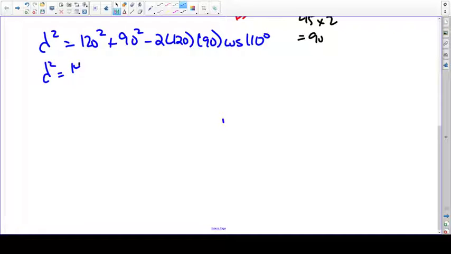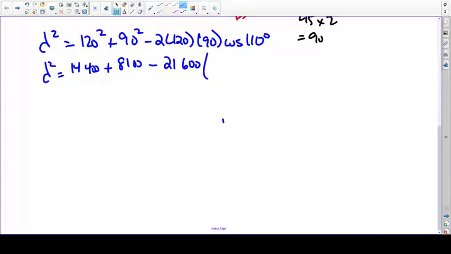120 squared is 14,400, plus 90 squared is 8,100, minus 2 times 120 times 90. So that's going to be 21,600 times the cosine of 110. So let's figure out what that's going to be.